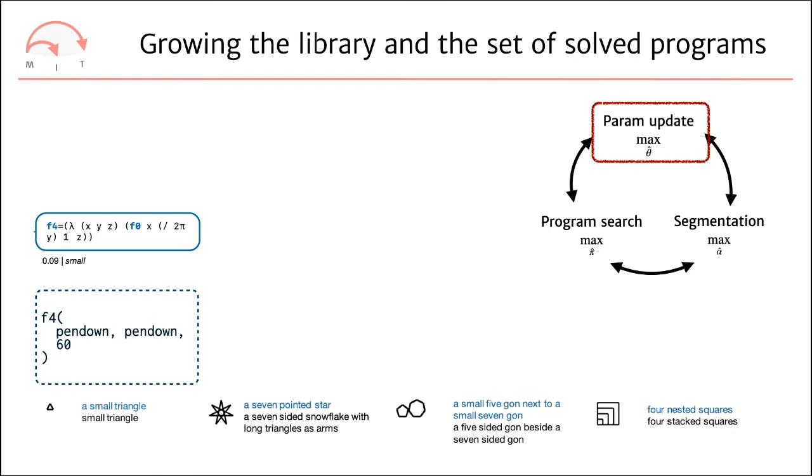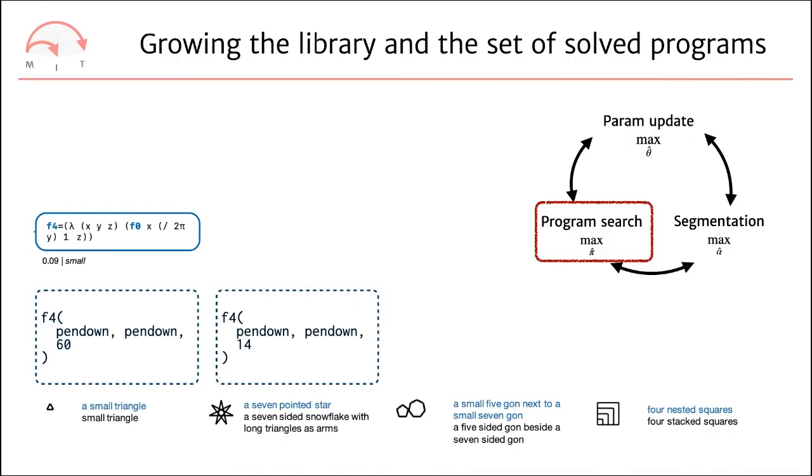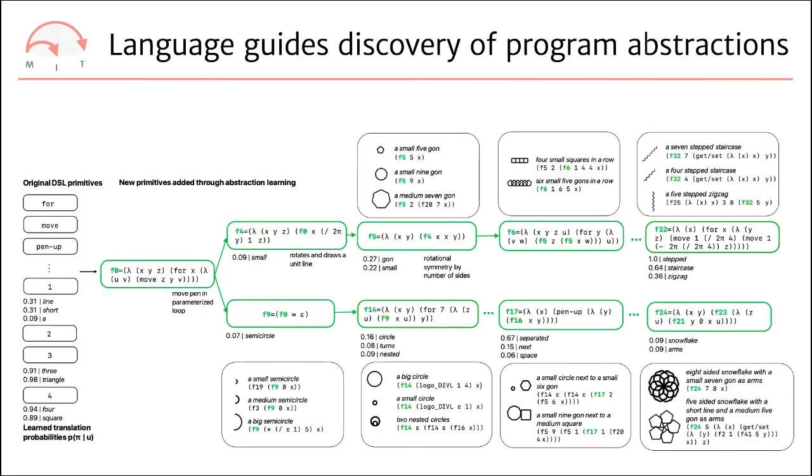Question, does the domain-specific language have control flow operations? Yeah, so I think the language that we use for these is basically Logo. So it has control flow. Possibly it just has while or goto.